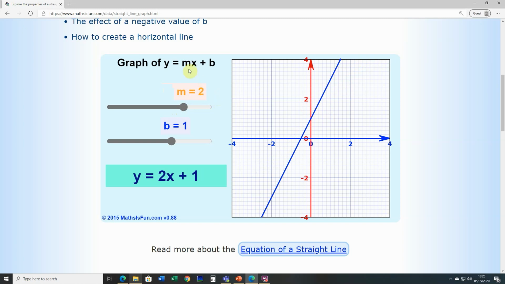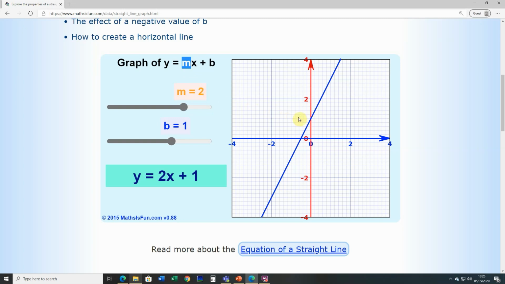The number with the x, which we call the coefficient of x, is called the gradient, and the gradient tells us how steep the line is.